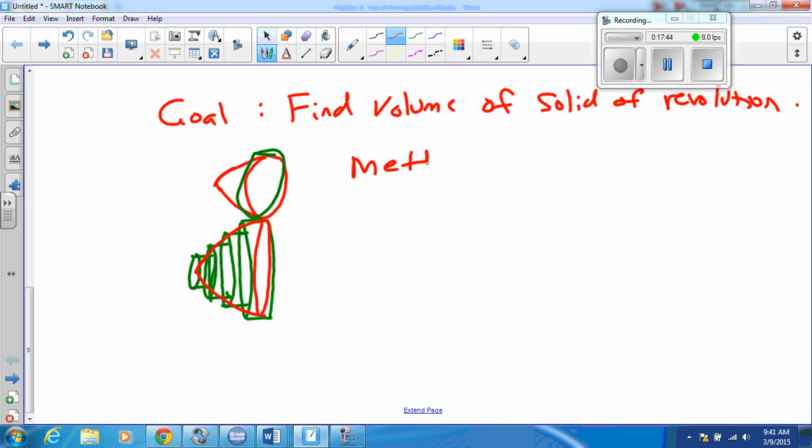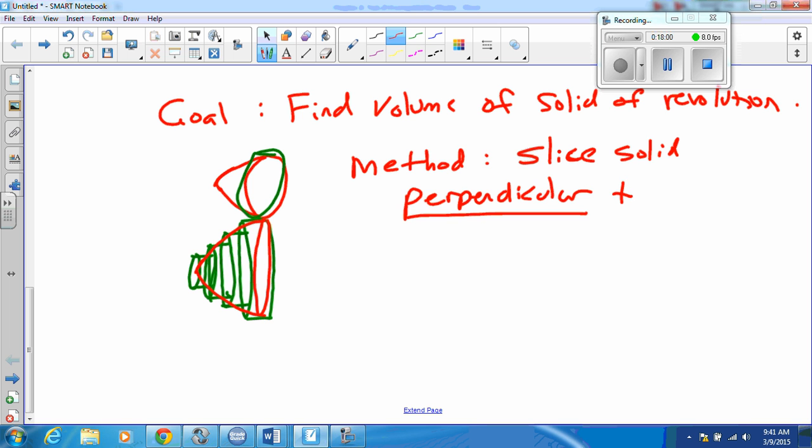So our basic method is to slice the solid, and when we slice the solid, here is our key phrase: we're going to slice it perpendicular to the axis of revolution.